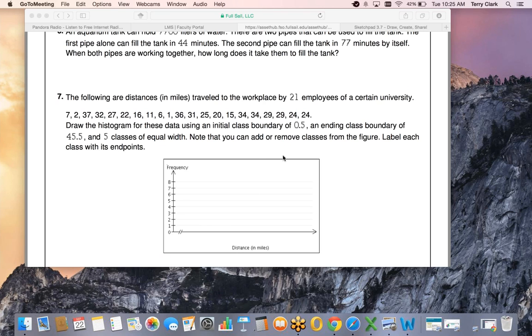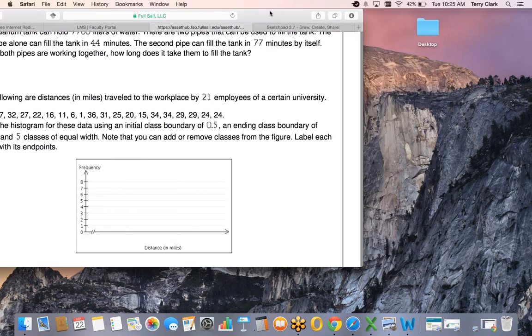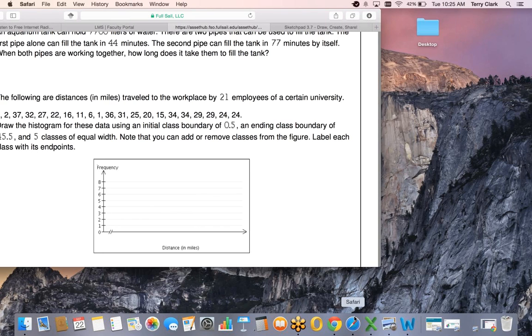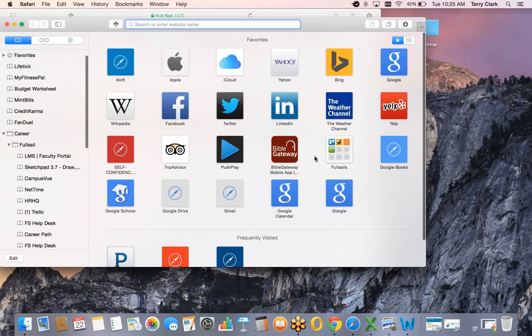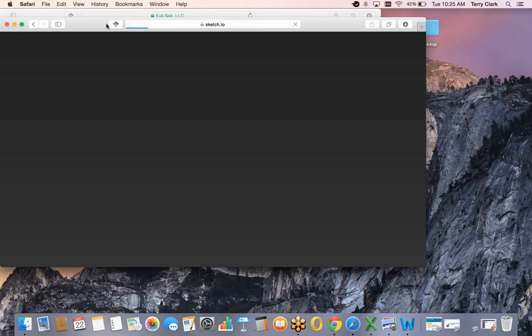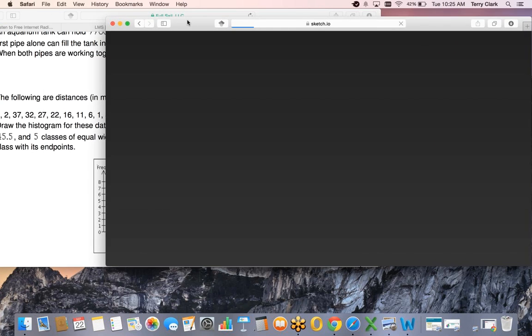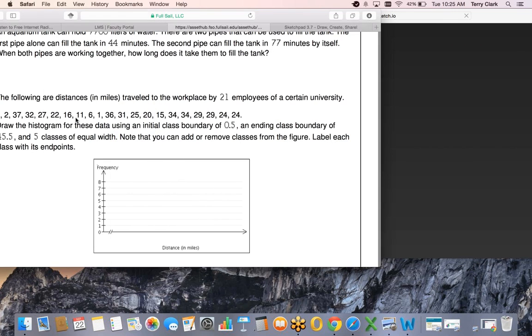Okay. With number seven, one of the things we've got to do is categorize our data. I'm going to try to pull up a new window so I can look at that, and then I'm going to put up my sketch pad.